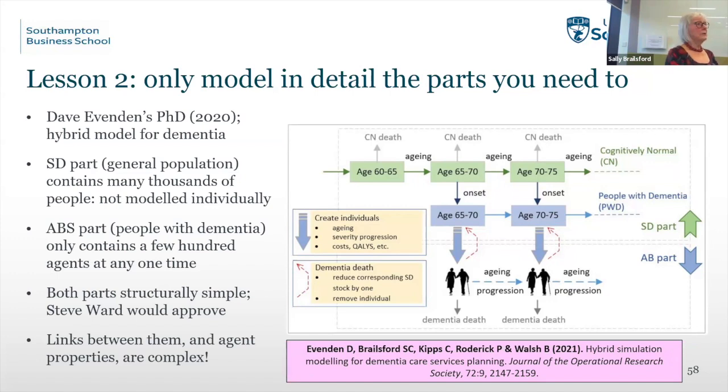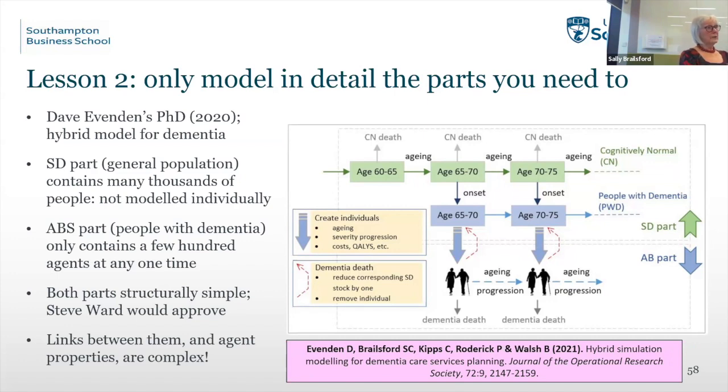That part was more complex, but the actual progression of disease was relatively straightforward again. So each of the separate parts were fairly simple on their own. It was the connection between them that was the complex bit.